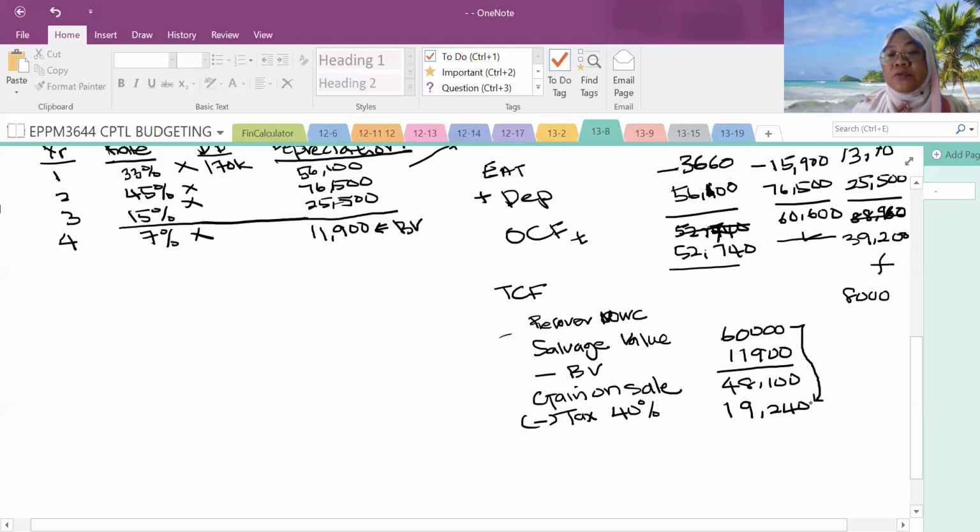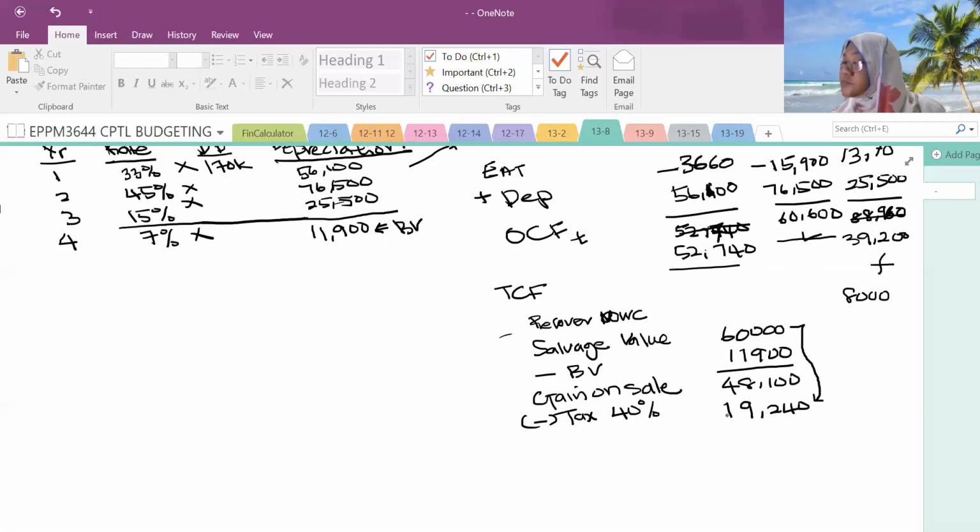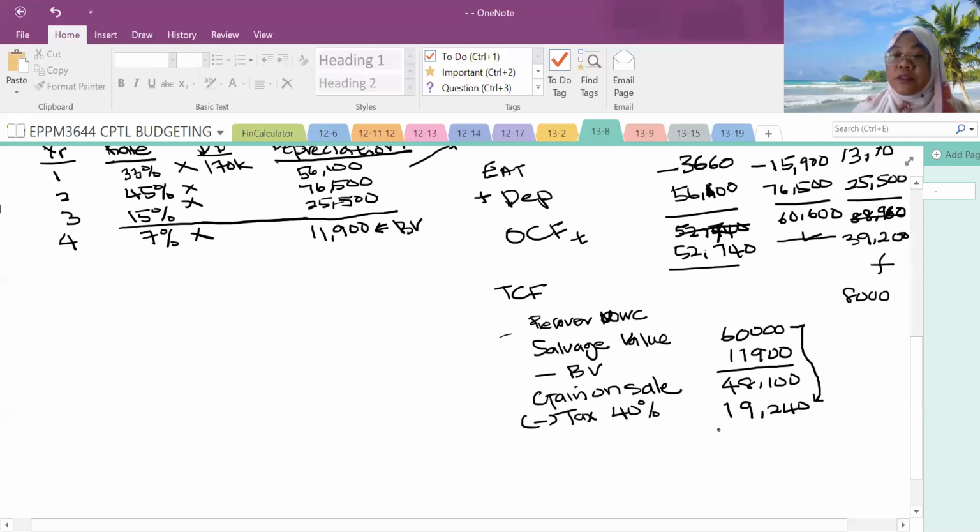Okay, so now once you have calculated the tax on the gain, you are going to take the salvage value minus the tax, right? 60,000 minus the tax. So from there, you get your net salvage value equal to 40,716.